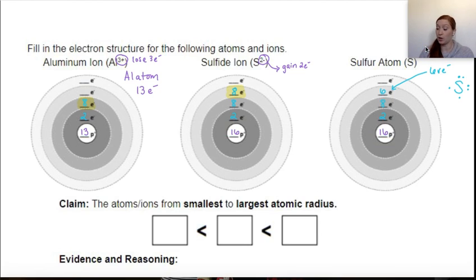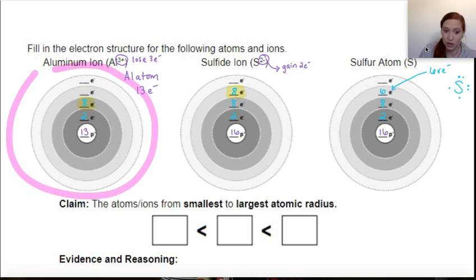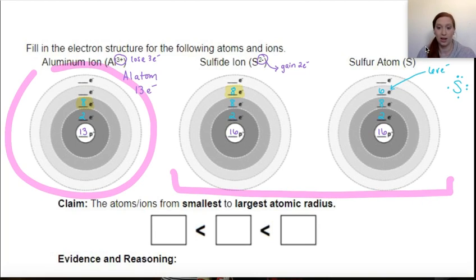So the first thing I notice here when I'm looking at these is that the aluminum ion has electrons that just go in the second energy level, while sulfur and sulfide have electrons in the third energy level.